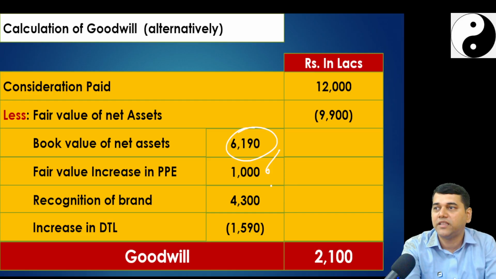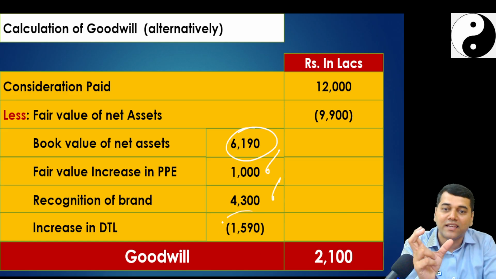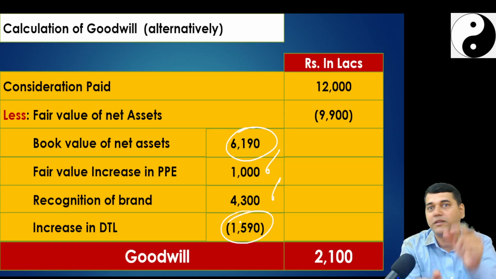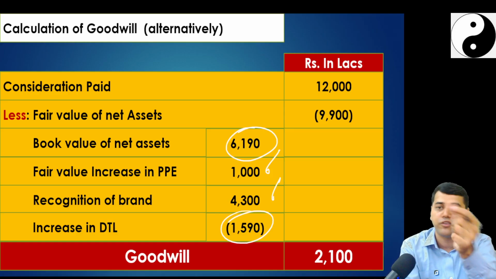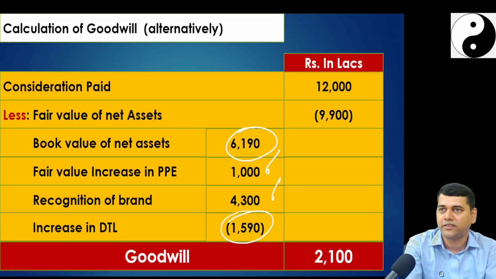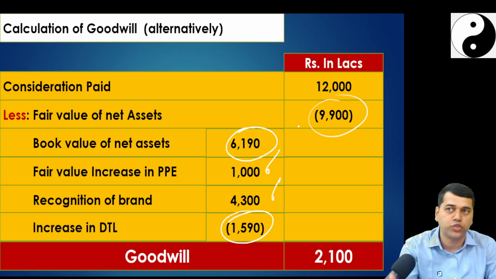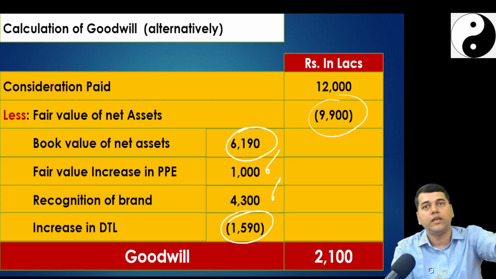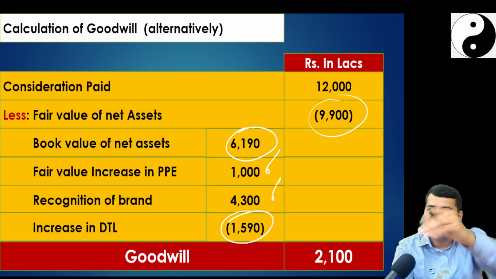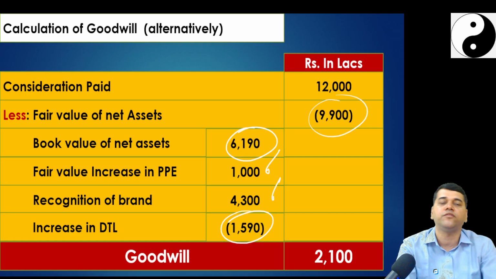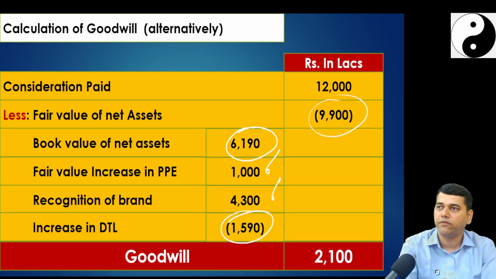Brand, which was not there in the book value, add it. And net the increase in the deferred tax liability because of all this adjustment, and you get the same value. See, there are two approaches to calculate this fair value of the net assets. One, take the book value and do the fair value adjustments, or take the individual assets and liabilities at fair value. You can do any one approach. Are you clear, students?